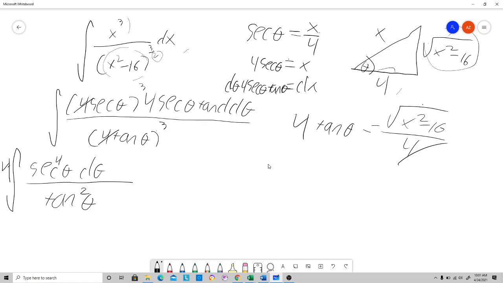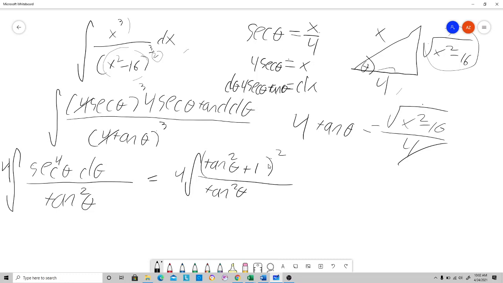Now if we try a u substitution in the numerator, that's not going to really work because we have 2 secants. But that's fine, because we can represent the secant squared as a Pythagorean identity. So we can rewrite this as 4 times the integral of tangent squared theta plus 1, squared, and then the tangent squared theta goes here.